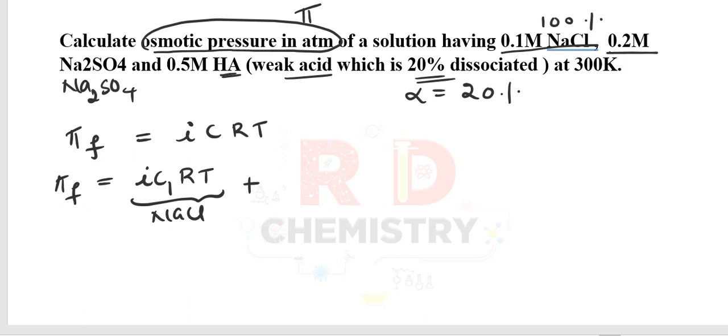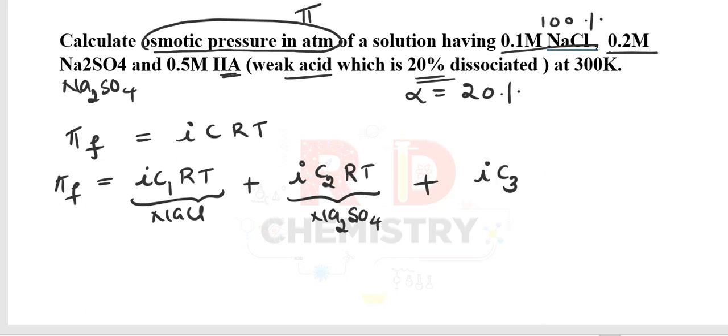Second solution, the Van't Hoff factor i into C2 into R into T, this is for the second solution, sodium sulfate. Third one is the HA weak acid, for that i into C3 into R into T. This is for the HA weak acid which is 20% dissociated.